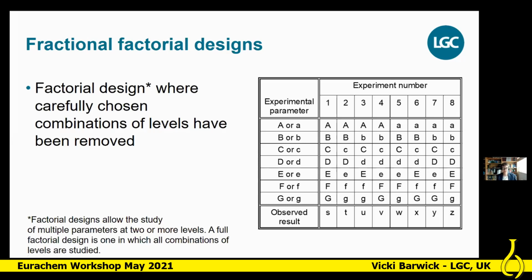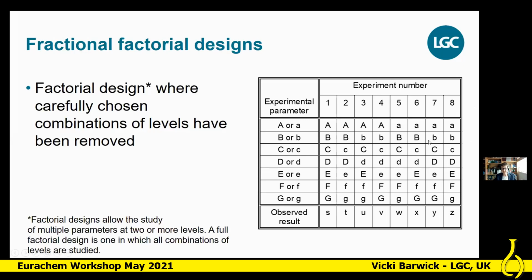And obviously that can be quite time consuming because the number of experiments required would multiply up quite quickly. So it's quite common to use fractional factorial designs, and that's where we have starting with a full factorial, but a carefully chosen combination of levels have been removed.